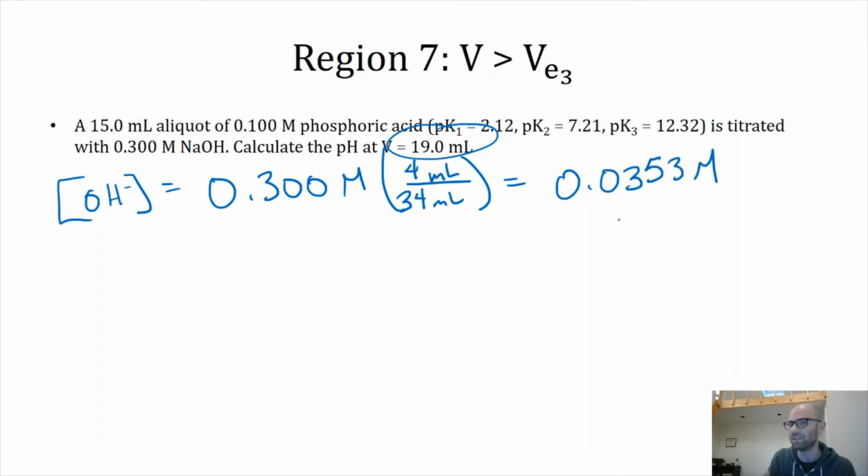This is where it really starts to point out that the excess hydroxide is not much more concentrated than just what the base gave you. And that gives us a pH of 12.548, which is so interesting.